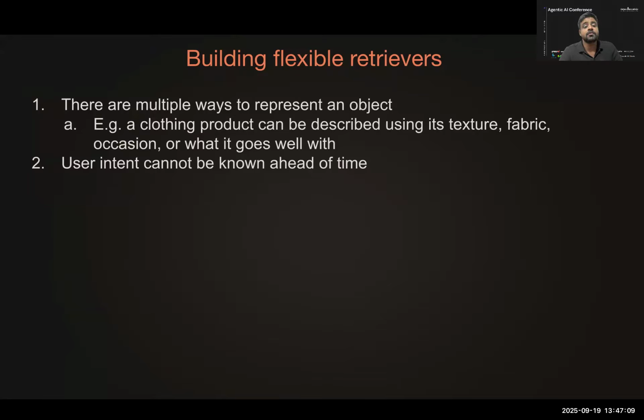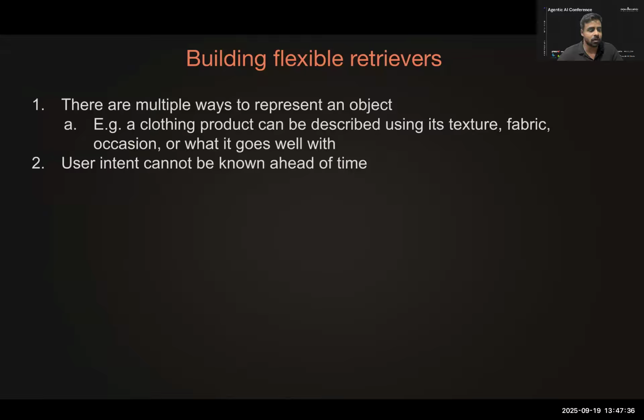It is also true that user intent cannot be known ahead of time. So if you're building this tool, you don't know what users will search for. At a particular time, let's say during a festive season, they will obviously search for specific kinds of items, but they might search based on what they already have.